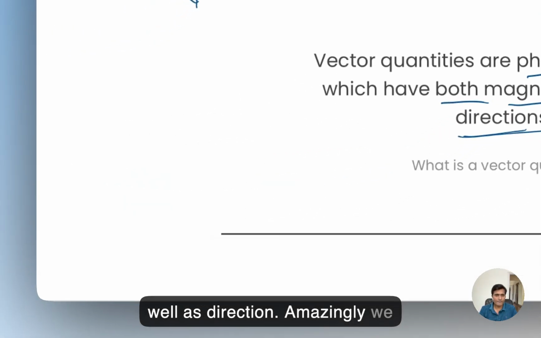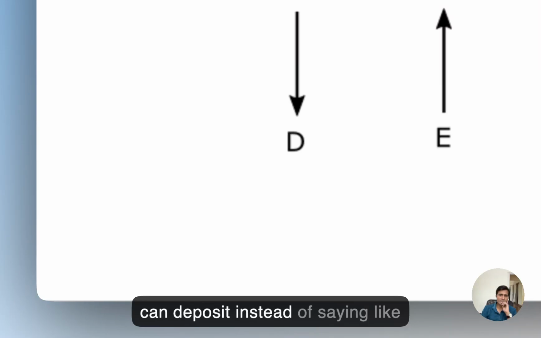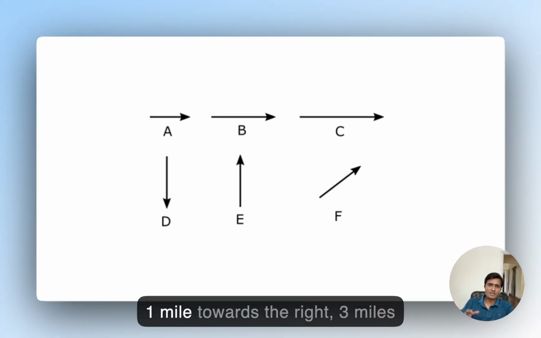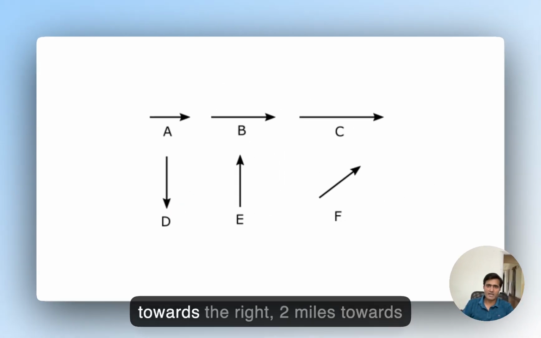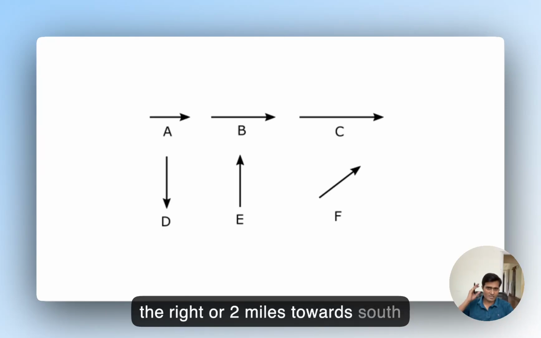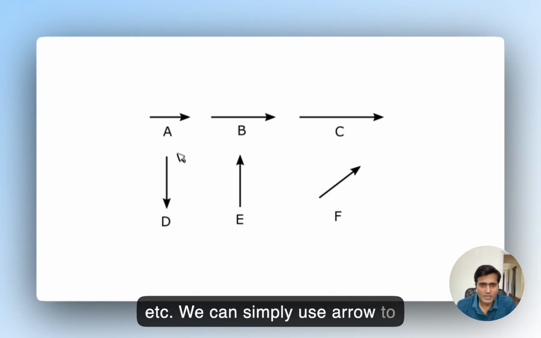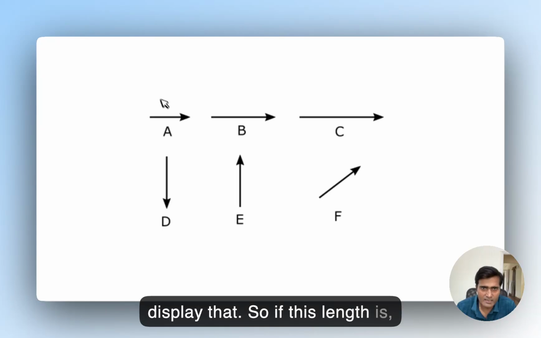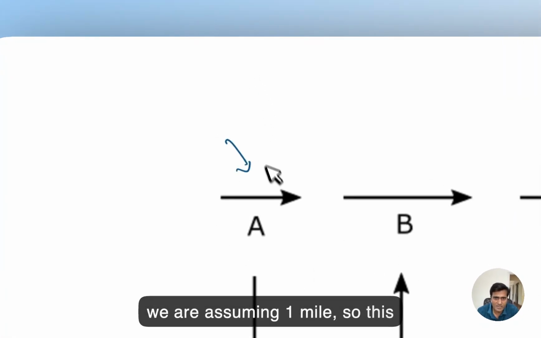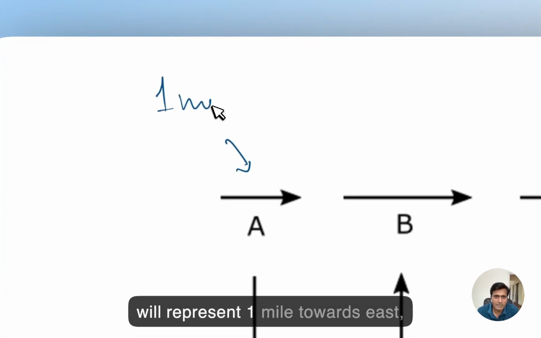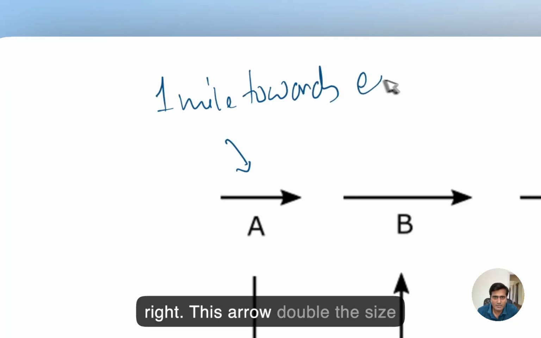Amazingly, instead of saying 1 mile towards the right, 3 miles towards the right, 2 miles towards the right, or 2 miles towards south, we can simply use an arrow to display that. If this length is 1 mile, this will represent 1 mile towards east.